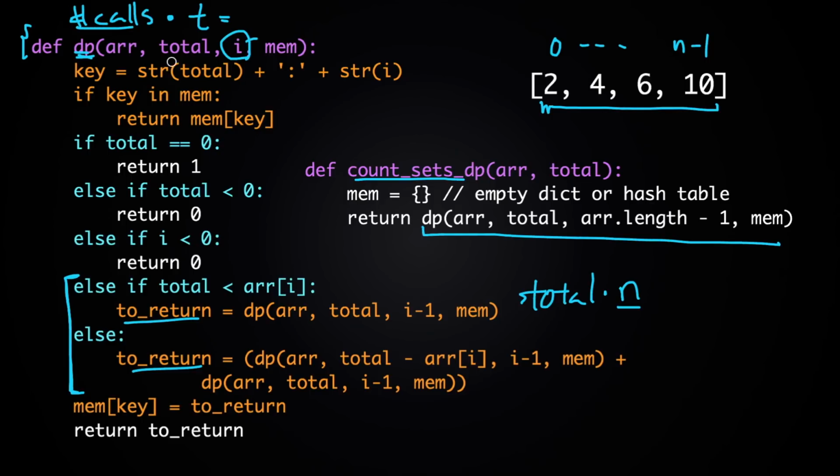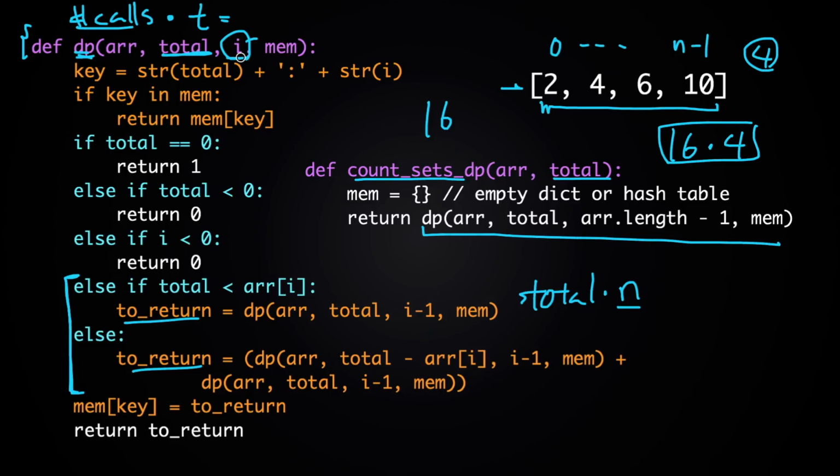And the number of potential values for this argument total is the original value of total. So if the original value of total is 16, and if you're given this array, n would be 4. So you'd have 16 times 4 potential value pairs for the pair total and i.